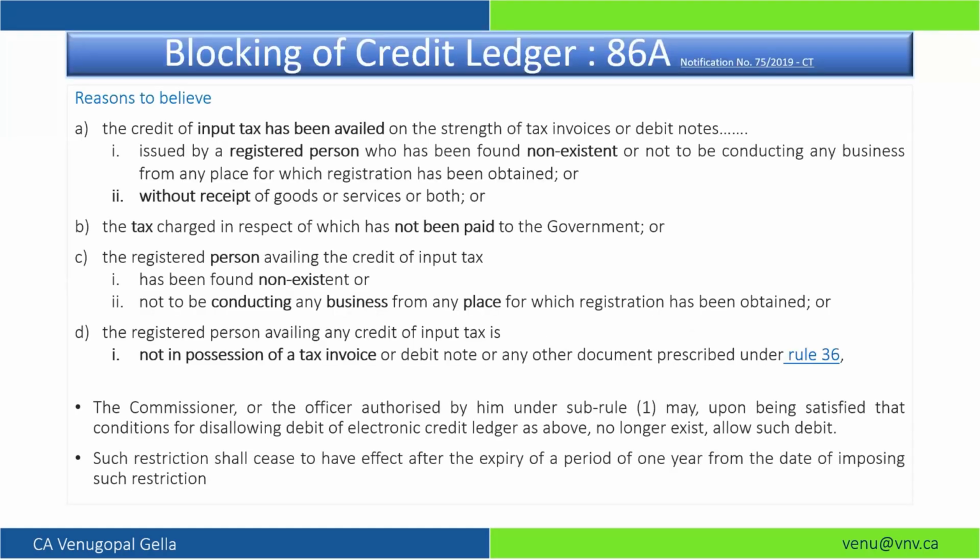One of such conditions is where they can block if they identify or have a reason to believe that input credit has been availed on the basis of an invoice issued by a person who is non-existent, or has been availed without receipt of goods or services, where tax has not been paid to the government, where the registered person availing the credit has been found non-existent or is not conducting the business from any place for which registration has been obtained.